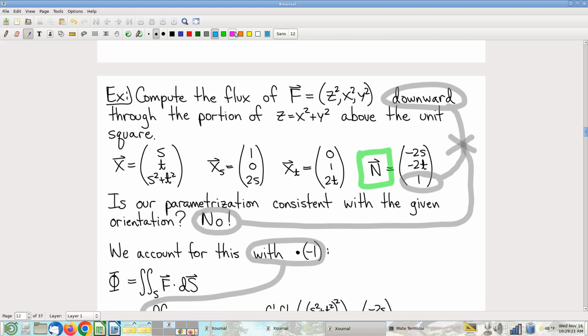Well, I was supposed to parameterize downward. Did I? No. I've got a positive third component. That means that, obviously it's not pointing exactly straight up, but it's always at least somewhat up, right?